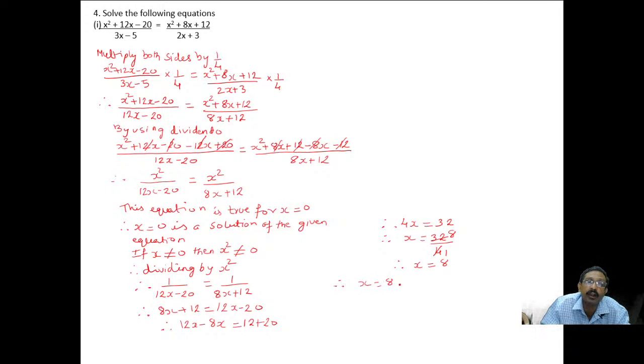And what we got? x is equal to 0 and 8 are the solutions of the given equation.